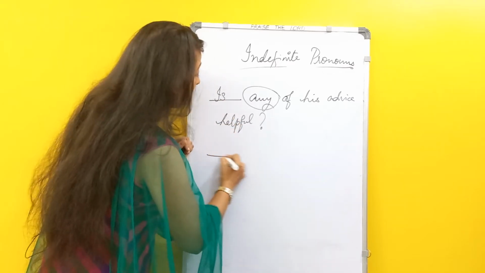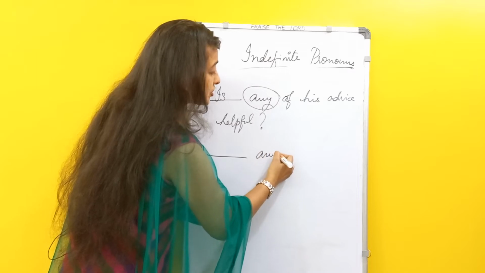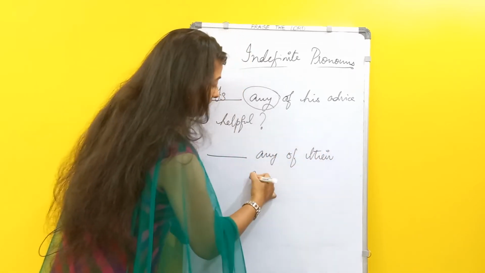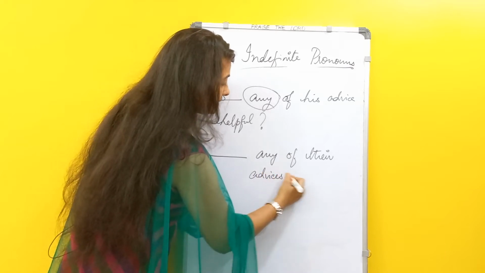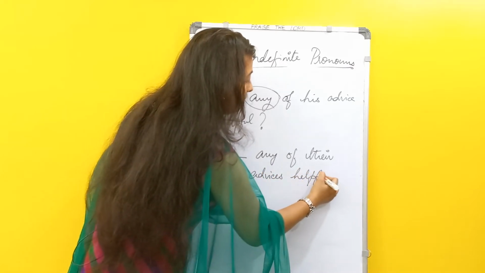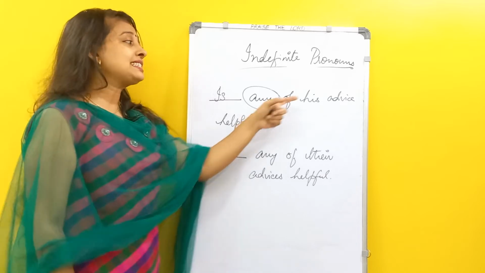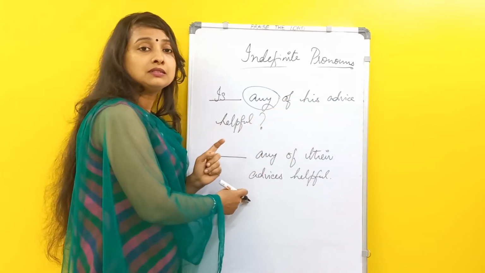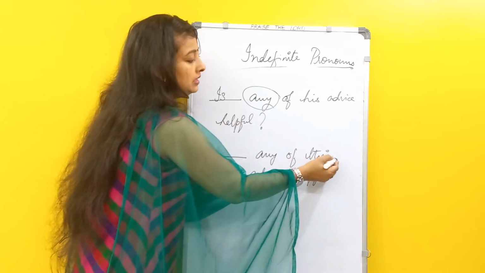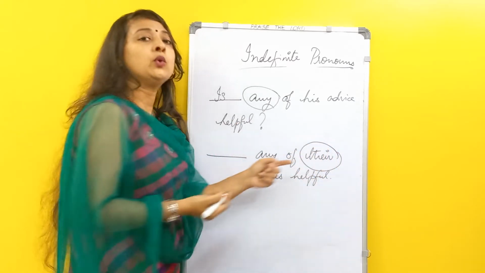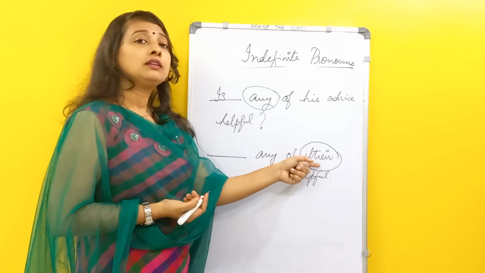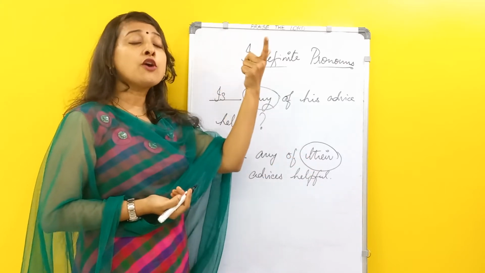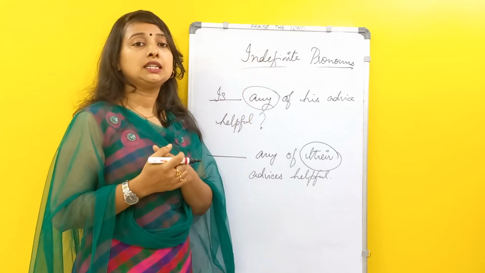Now the same sentence, dash any of their advices helpful. When it is a countable noun, why are we using advices here? You have to remember that there is a plural form of pronoun here, their. We are trying to talk about many.